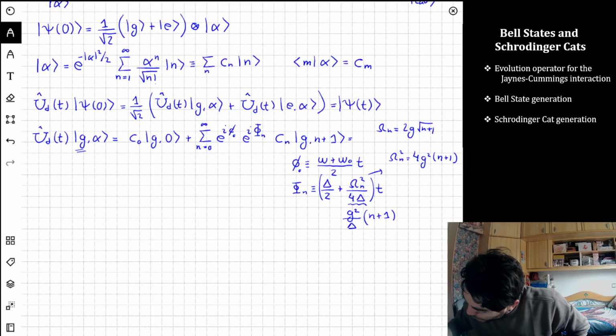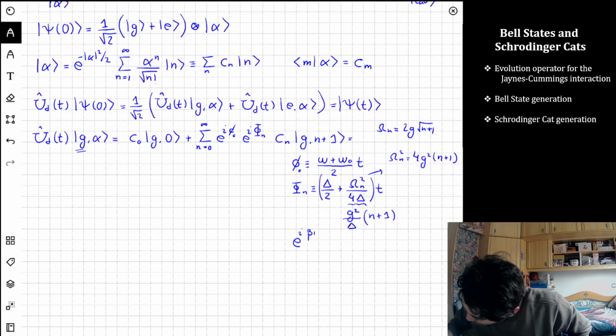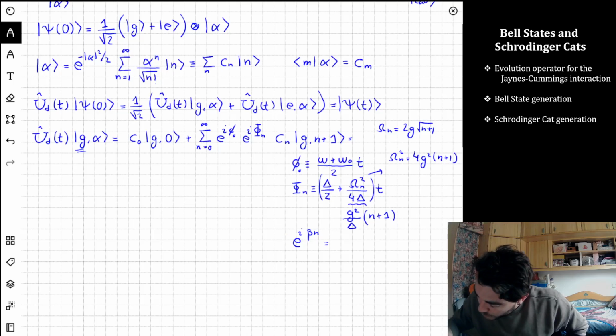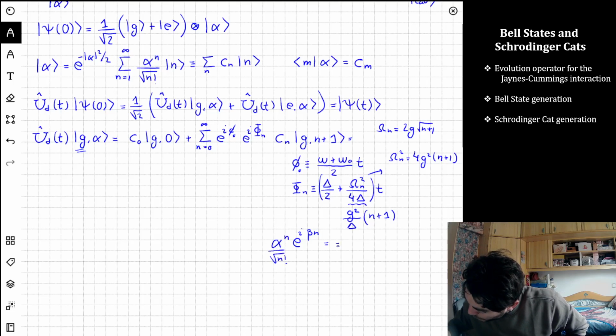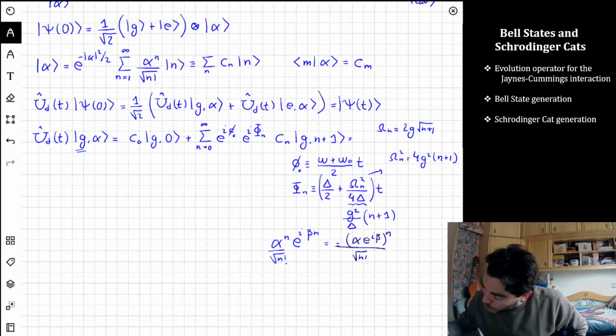This is linear in n, so this gives you something that is e to the i times some number. Let's not call it alpha because it's not a good idea, let's call it beta, but it doesn't matter, some number times n, which you can always write. We have a coefficient that is going to have some alpha^n over the square root of n factorial, but this can be written as alpha e to the i beta to the n divided by the square root of n factorial, and so on.